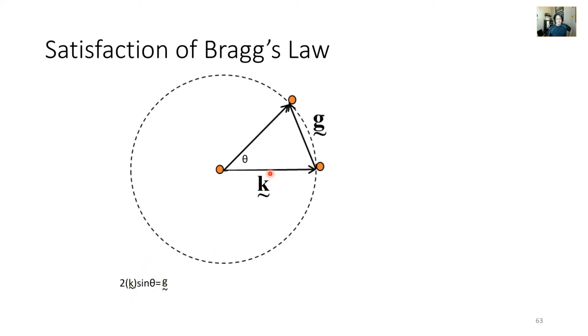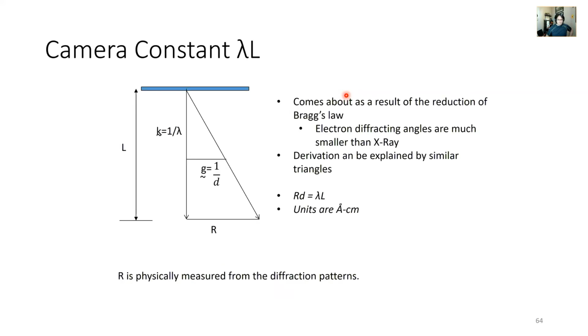And so we said when the k vector, and I probably should have put it over here because I have the g vector going here, so this is also k. When the k vector meets the g vector, we get a diffraction spot. I was saying an angel gets its wings as a joke, but we get a diffraction spot. Seeing the camera constant slide again.